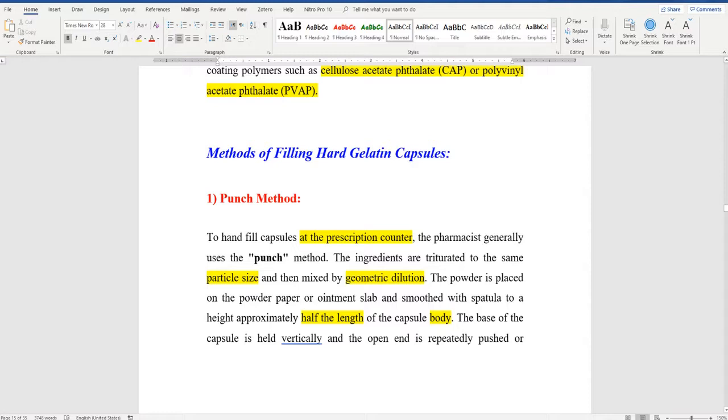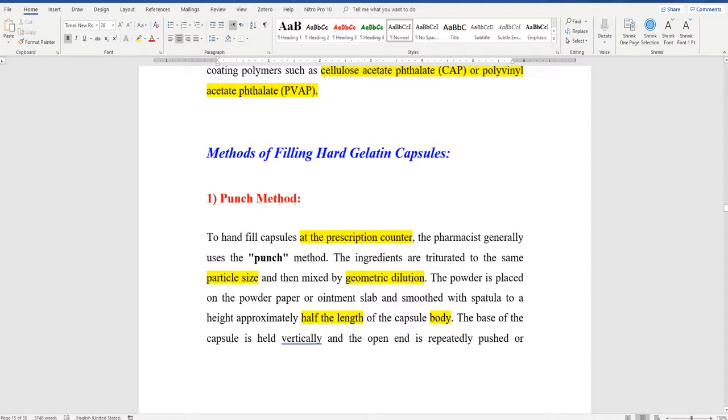We also talked about the indirect coating of the capsules using acidic polymers such as CAP and PVAP. If you remember, CAP stands for cellulose acetate phthalate and PVAP stands for polyvinyl acetate phthalate.